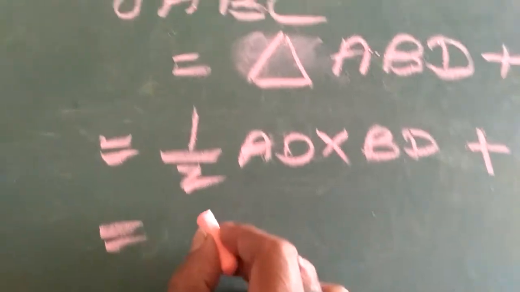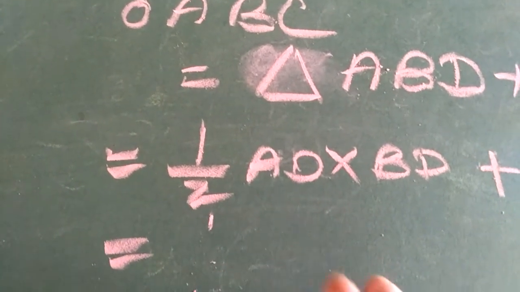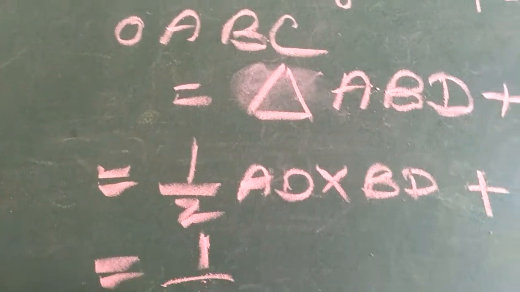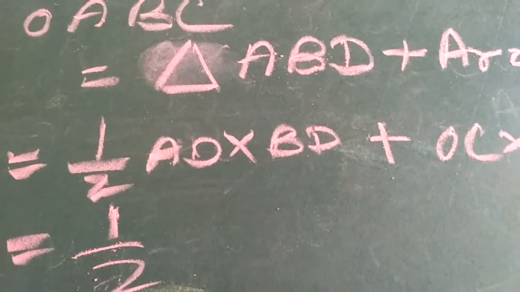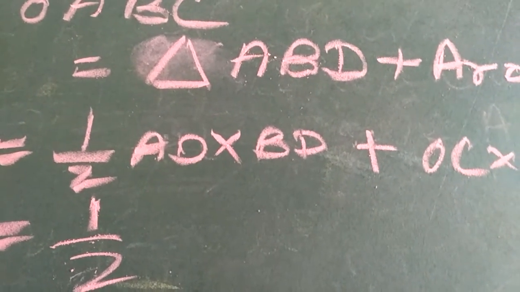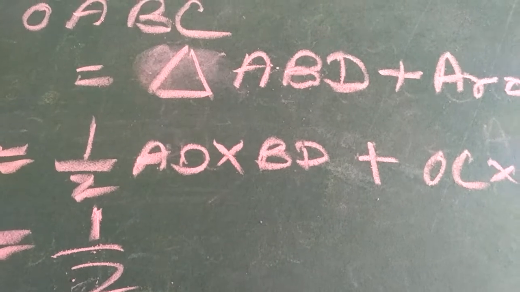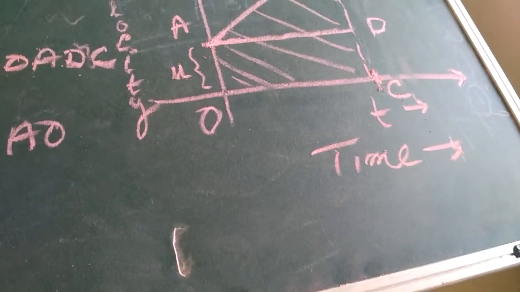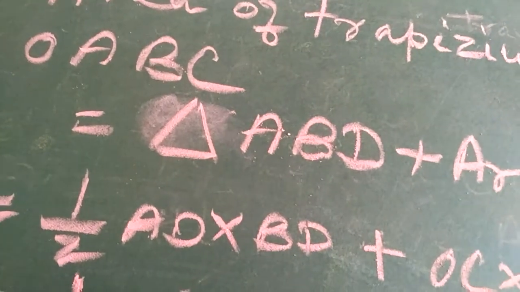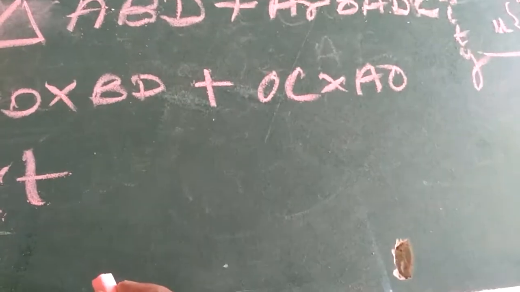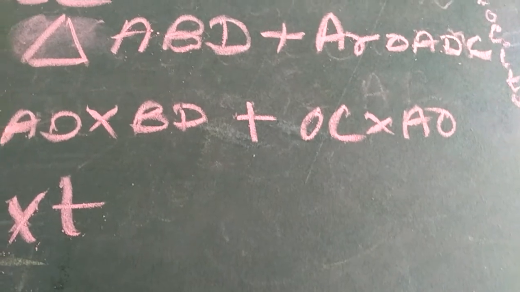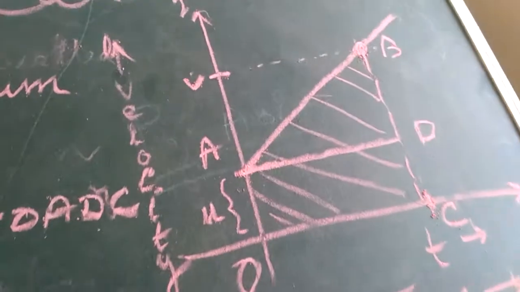Half base AD. AD is what? AD is the time T. So half into T into BD. BD is how much?